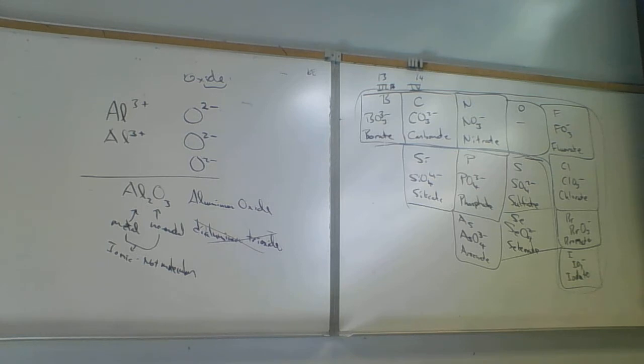Because we have too much negative, we'll add a positive. Now we have too much positive, so we'll add a negative. And too much negative, we'll add another positive. Are we balanced? Yeah. And so this is Ba3N2. This is called barium nitride. No, it's not called tribarium dinitride because it's ionic, not molecular. Okay? All right, so I'm going to stop here.